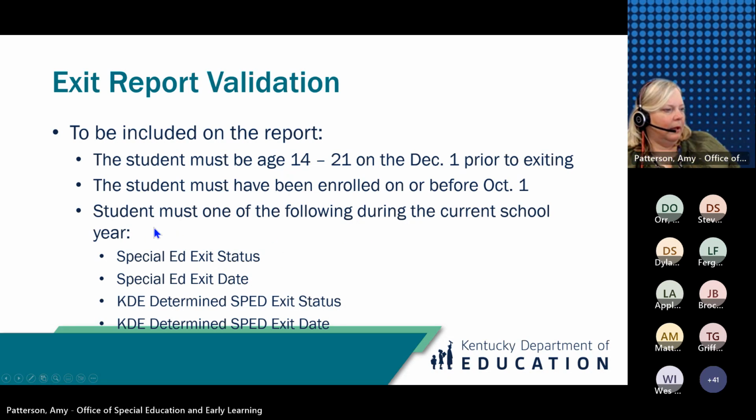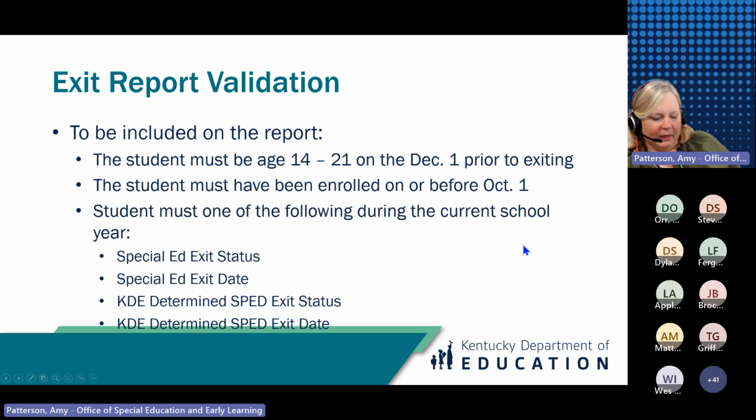And then I'll show you what this means, but within the enrollment tab, there's the special ed fields. And within those special ed fields, we have the special ed exit status and the special ed exit date. Those are what we are reporting.